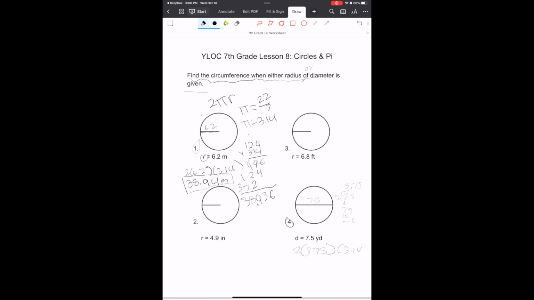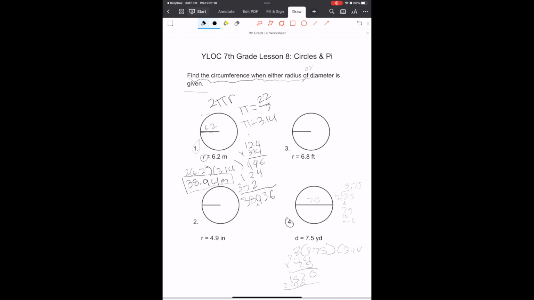So basically in 2 pi r, 2 times the radius is the diameter. So the diameter is 7.5, and it'll just be 7.5 times 3.14. So we're going to multiply this out. 5, 6, 7, 15, 28, 9, 21.